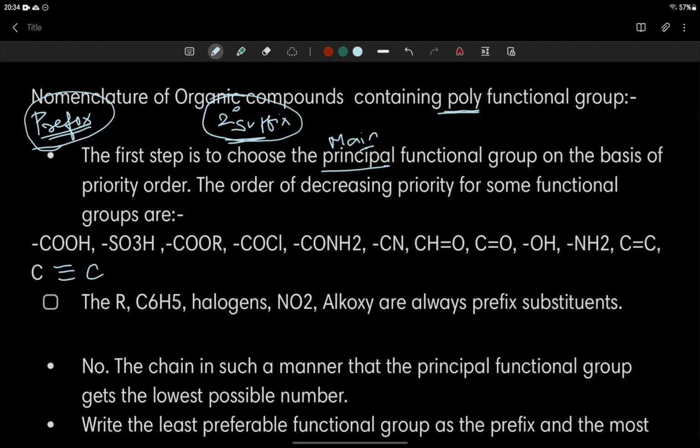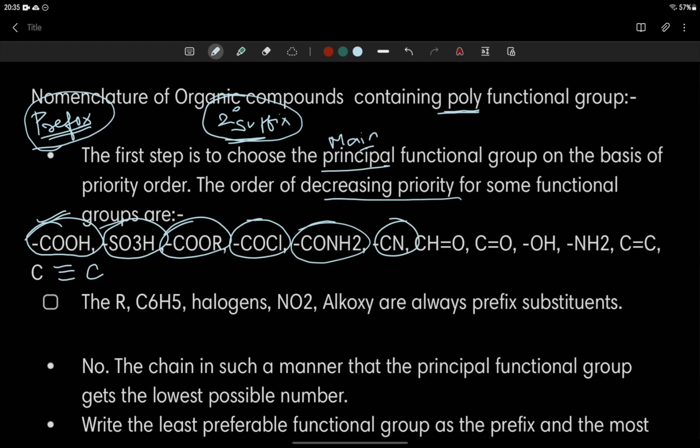Here you can see this is written in the decreasing order of priority of some functional groups. COOH is given the most priority, then SO3H, COOR, COCl, CONH2, CN, and like that.